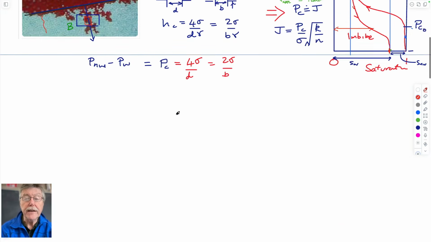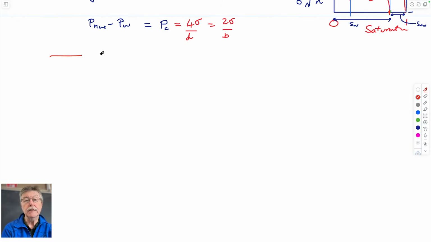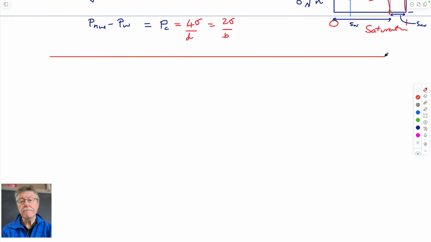So far, if we take stock, revisiting Darcy's law just to see where we are, we work in terms of pressures. If we have single phase flow or double phase flow, it doesn't particularly matter.